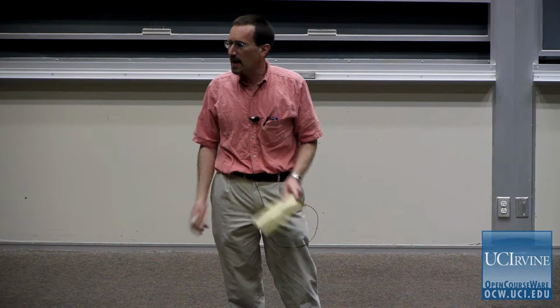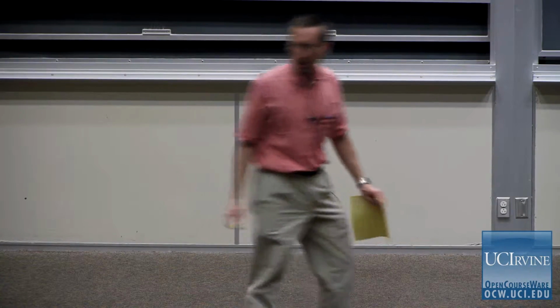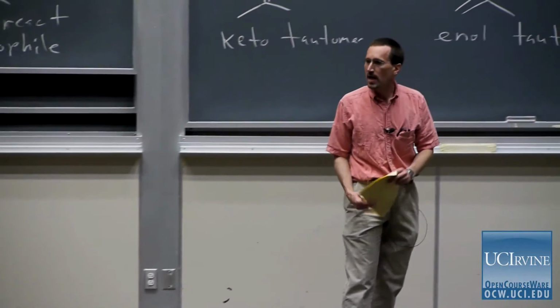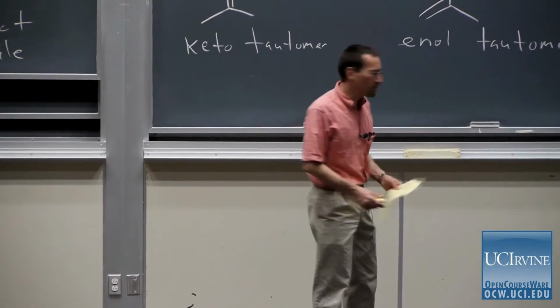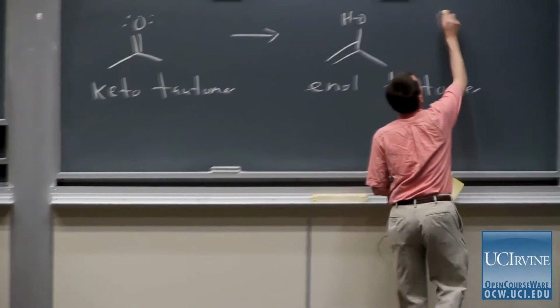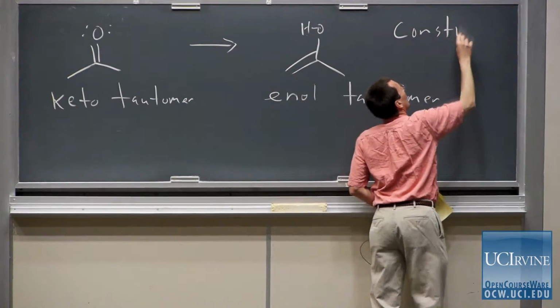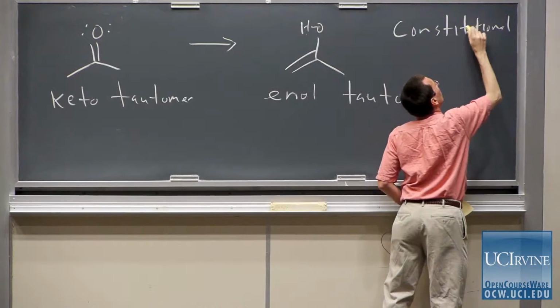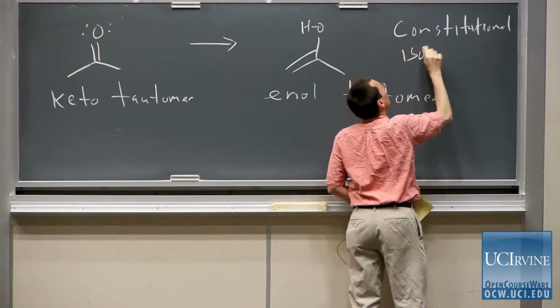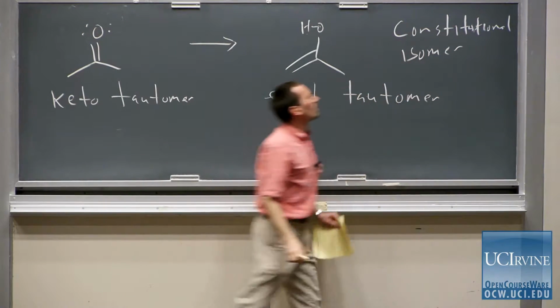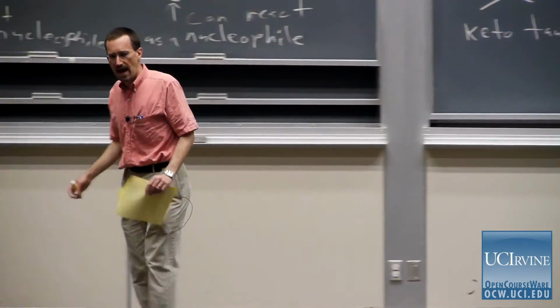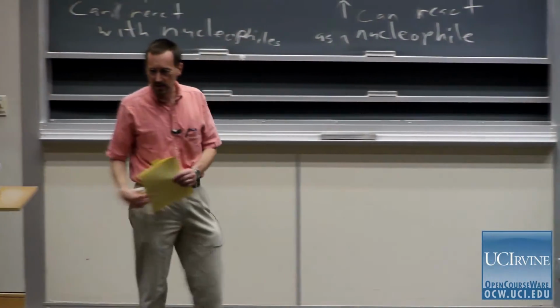Tautomers are a type of constitutional isomer. Remember, we've learned about stereoisomers, and then we've learned about constitutional isomers. And by constitutional isomer, I mean we have a different connectivity.